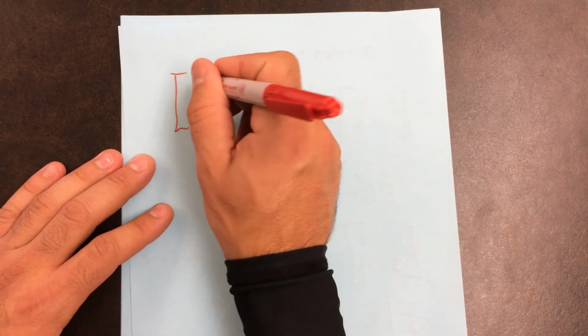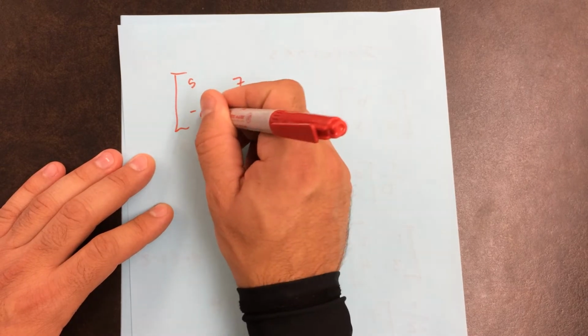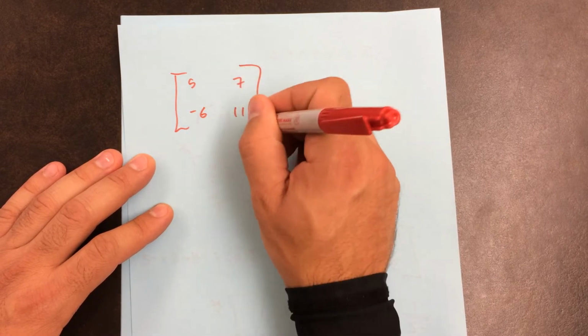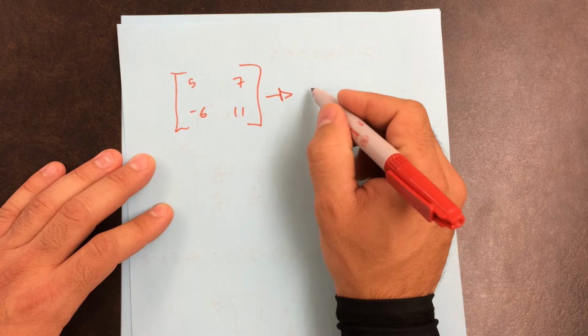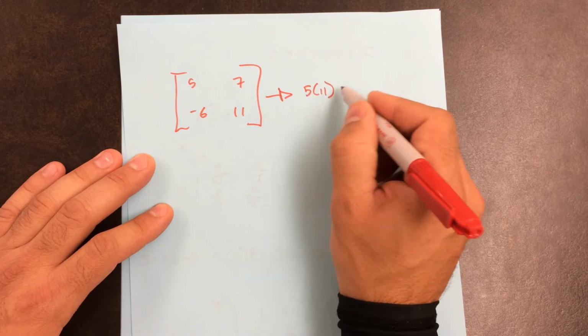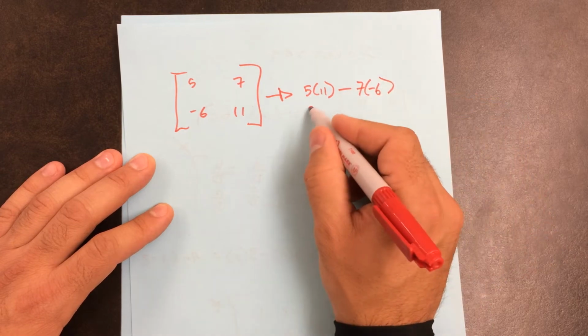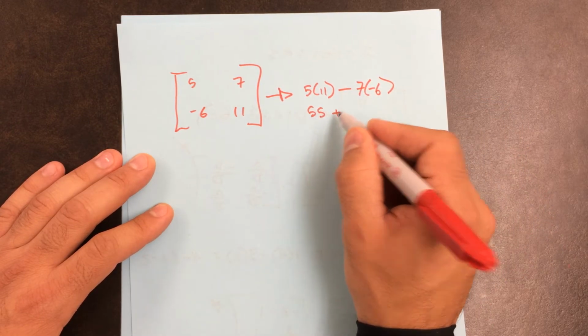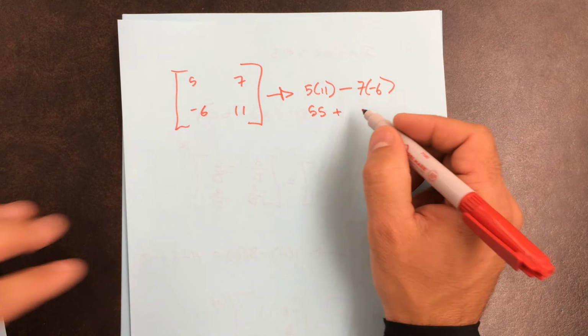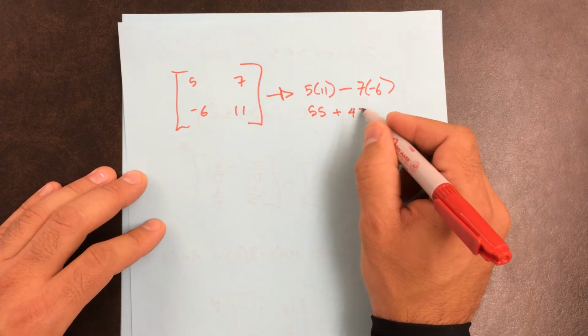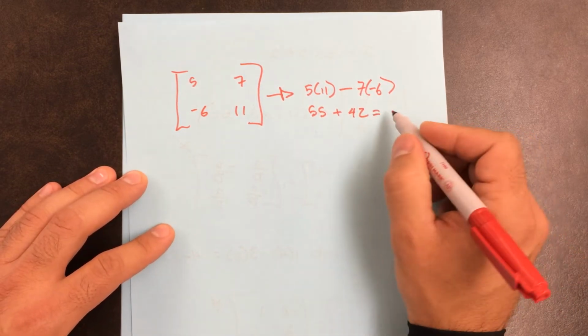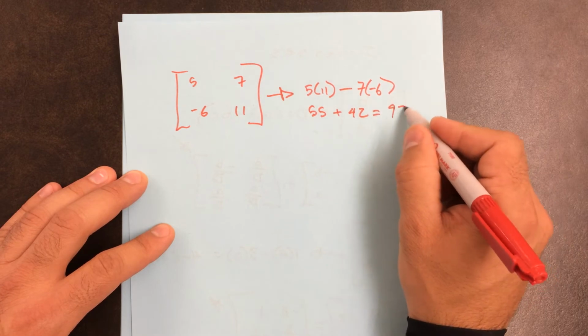So 5, 7, negative 6, and 11. First thing I'm going to do is find the determinant, which is going to be 5 times 11 minus 7 times negative 6. Minus a negative becomes positive, which gives me 97.